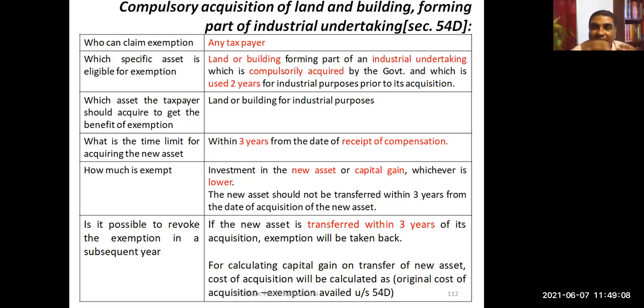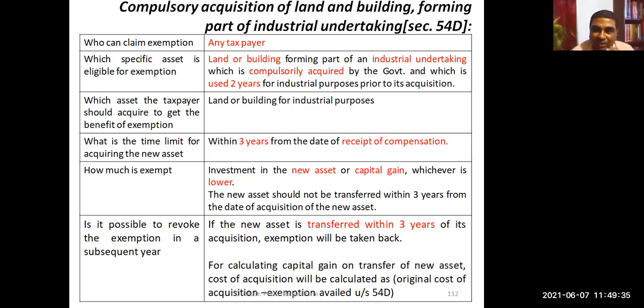Okay, and if the entire capital gain is invested, not the entire receipt, not the entire money which is received, but the entire capital gain, then the entire capital gain is exempted. But if part of the capital gain is invested, then to the extent it is invested, to that extent it will be exempted.